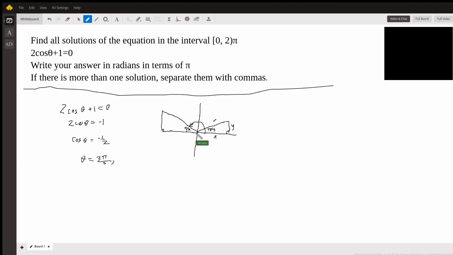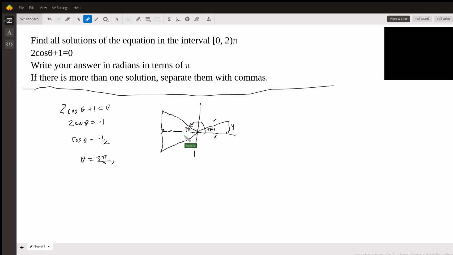And the cosine is also negative in the third quadrant, so I'll put one down here. And just change color to make it a little easier to see. Go green.